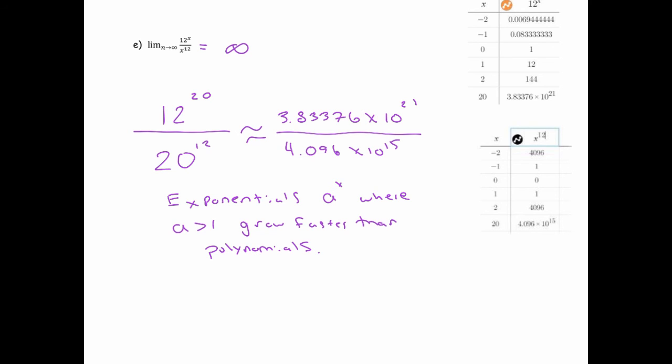So couple that with the last example, and we have a little hierarchy here. Factorials grow very, very fast. Exponentials grow not as fast as factorials, but faster than polynomials. And this understanding is going to help us in evaluating limits of quotients.